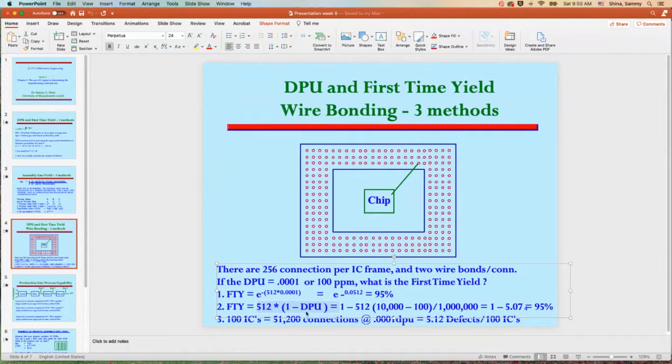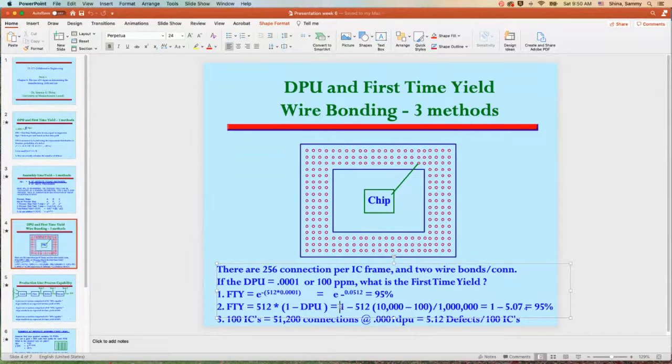Or you could say the probability of each one is 1 minus the DPU, using this approximation of 1 minus DPU, and there's 512 times that.